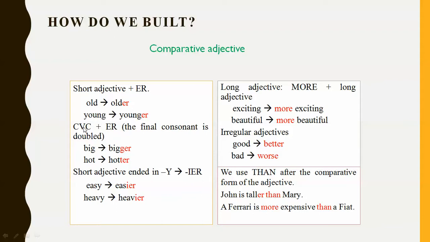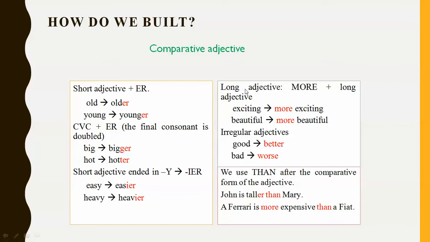While if the word ends with consonant, vowel, consonant, we double the final letter. Big, bigger. Hot, hotter. Consonant, vowel, consonant. For Y, we change Y into IER, like easy, easier, heavy, heavier.